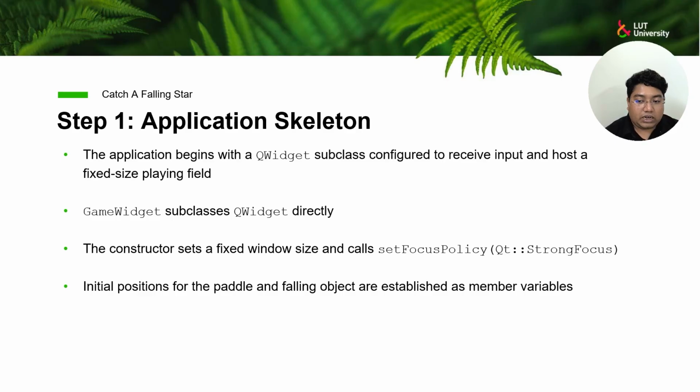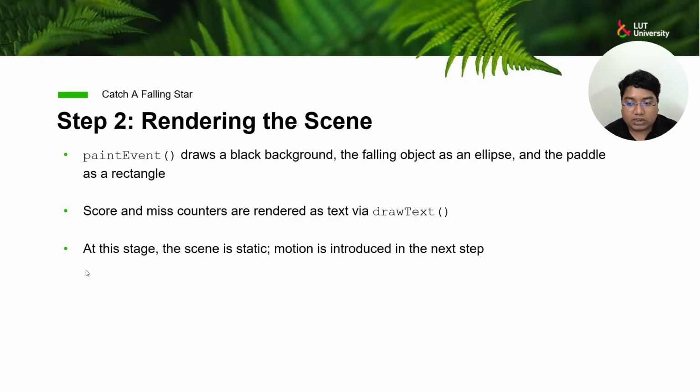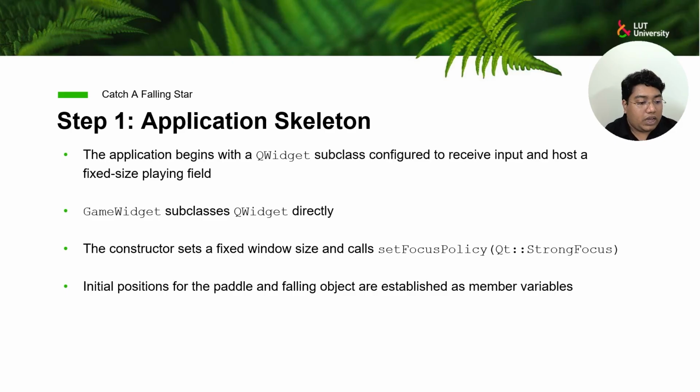We will create a class called GameWidget, and inside it we will declare 2 special functions that we've already discussed earlier today. The first is paintEvent and the second is keyPressEvent. We will also add a few member variables. These variables will represent the state of our game.